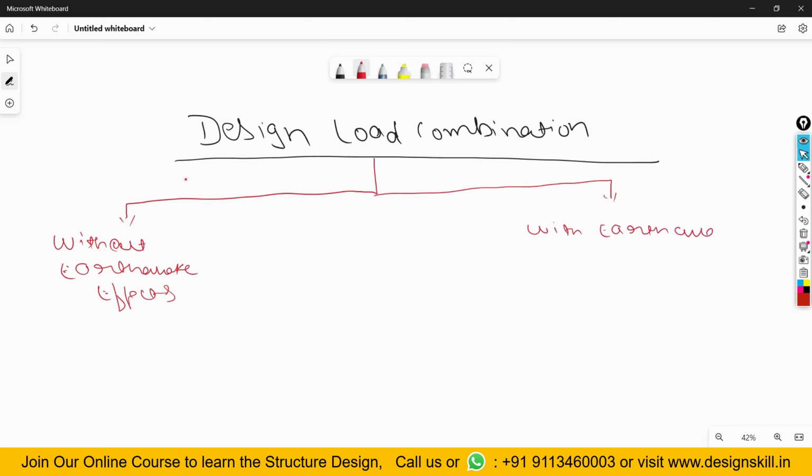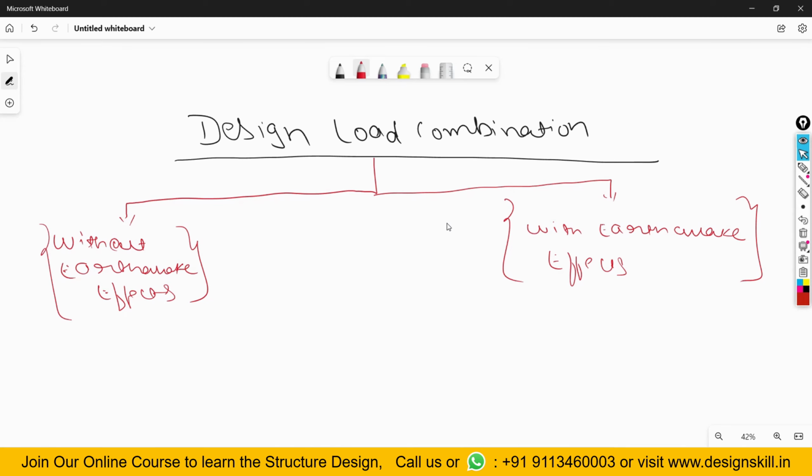The word itself tells you that in this particular load combination you are not going to consider any earthquake load cases. In the other type, you are going to consider the earthquake effect also, which means you take the earthquake load while considering the load combination.